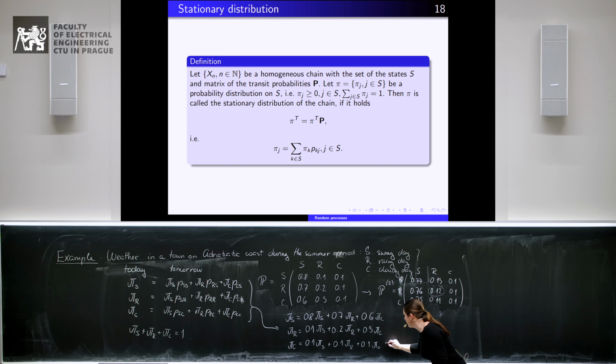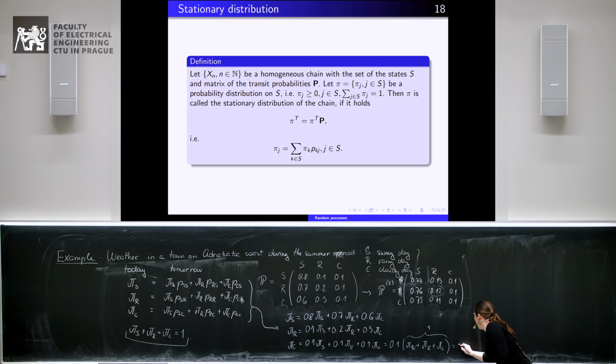And how to use it in this case? For example, we can see that in the third equation, we have all 3 probabilities with the coefficient 0.1, and we know from here that this sum is equal to 1.